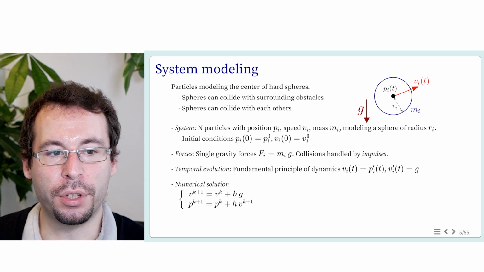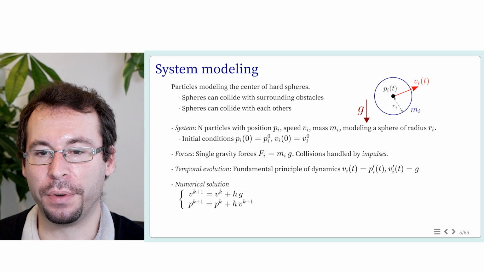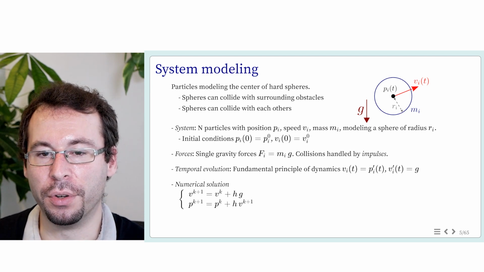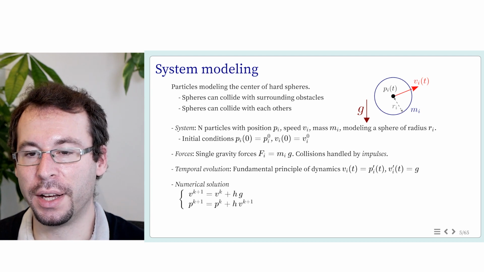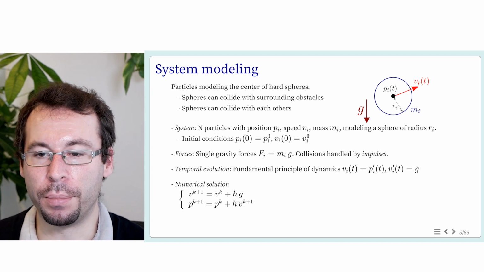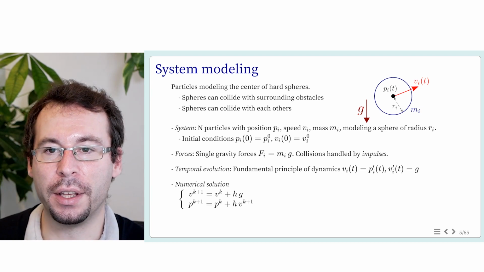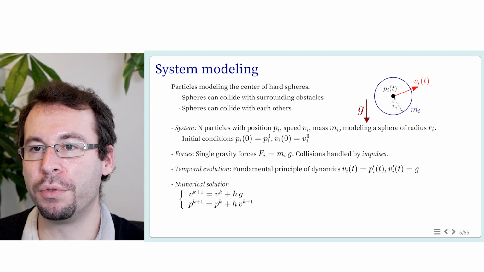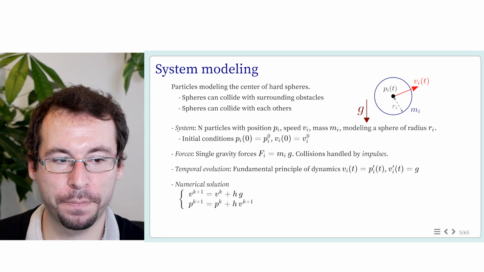If I want to know the temporal evolution of the particle, I can apply the fundamental principle of dynamics, saying that the speed is equal to the derivative of the position, and the derivative of the speed is the gravity. I can also add another force that would be the drag, which would be minus a constant times the speed.